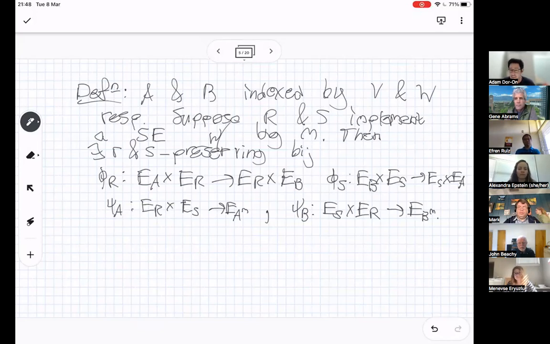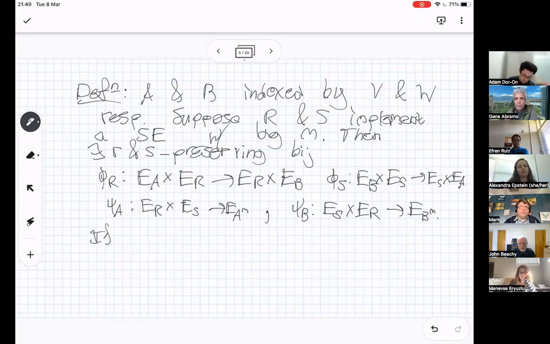I just want to emphasize that the mere existence of these bijections is equivalent to the 4 relations defining shift equivalence. And so now that we have these bijections, we may ask for some compatibility conditions between them.